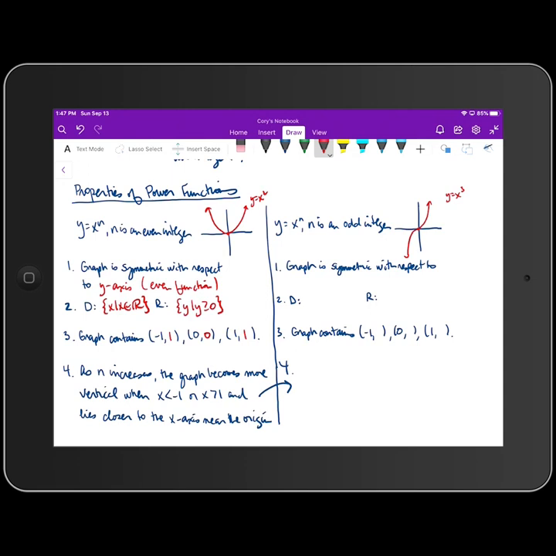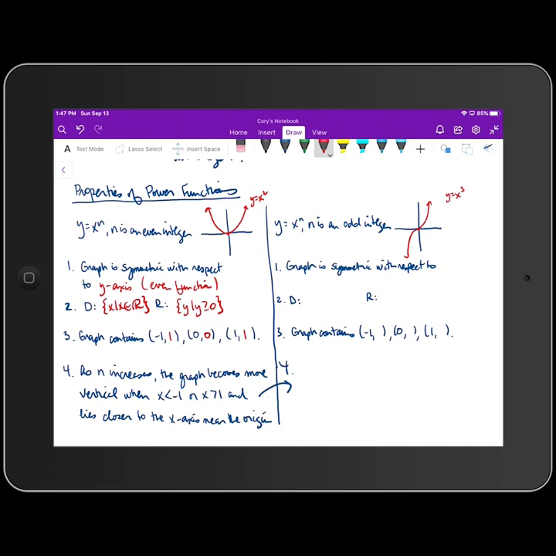Okay, and then statement number 4 says as n increases, so as our exponent gets bigger, the graph becomes more vertical when our x values are less than -1, or when the x values are bigger than 1, and lies closer to the x-axis near the origin.